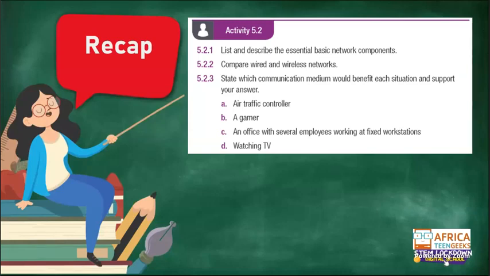We have two. Let's see. Infrared, okay, what does it fall under? Remember, we have two types. Wireless LAN, infrared, it falls under what communication medium?